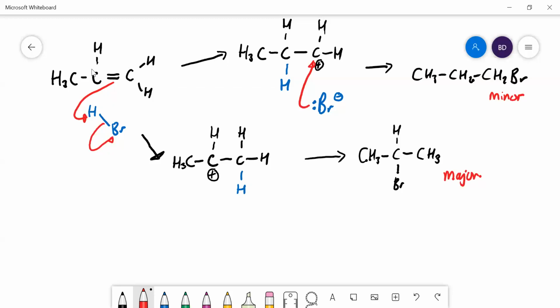The reason for this is the stability of the carbocation intermediate.